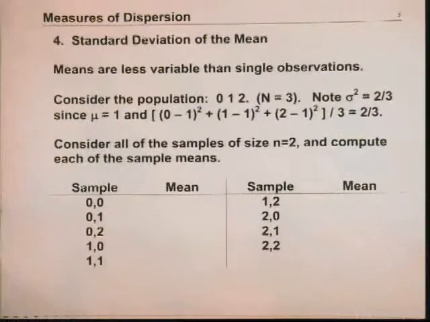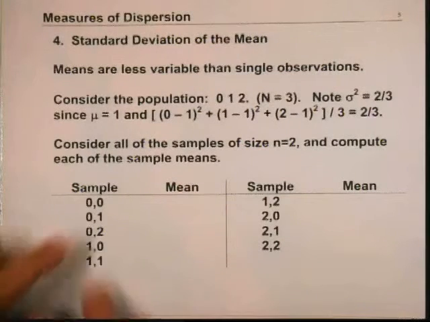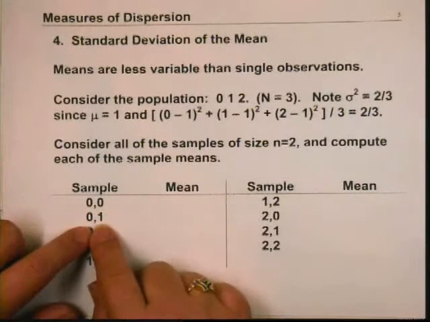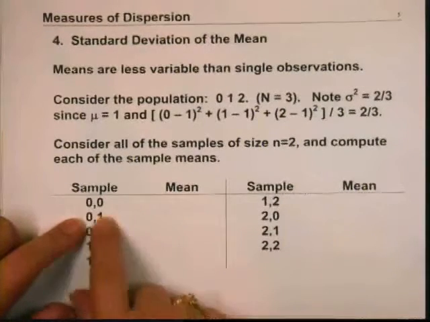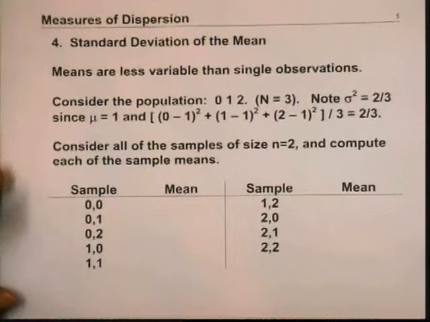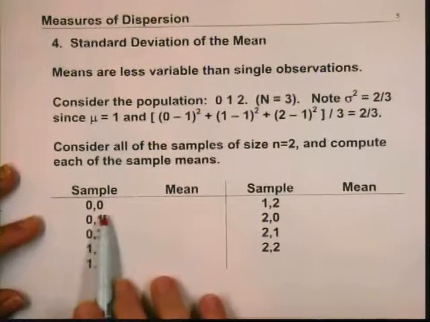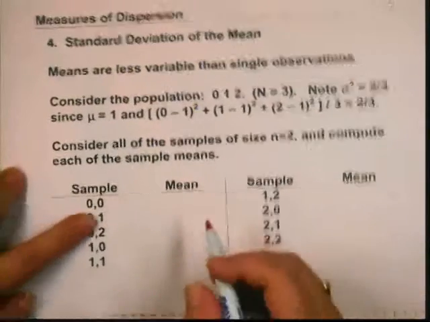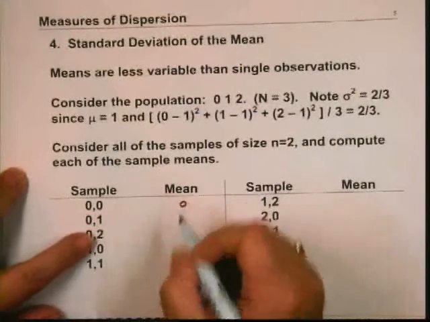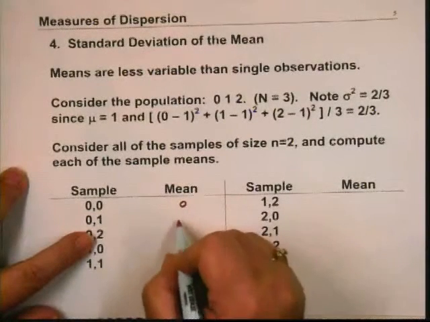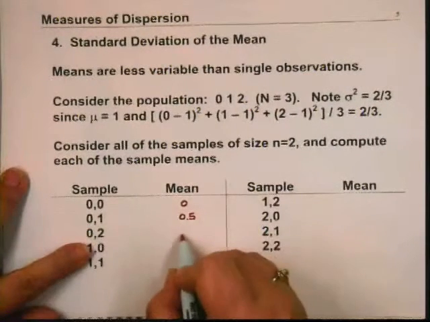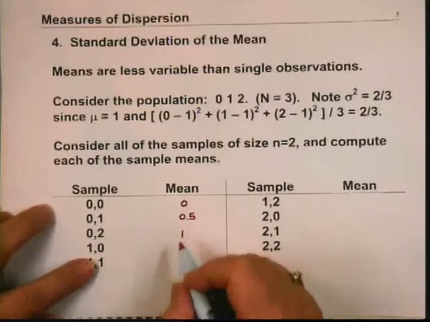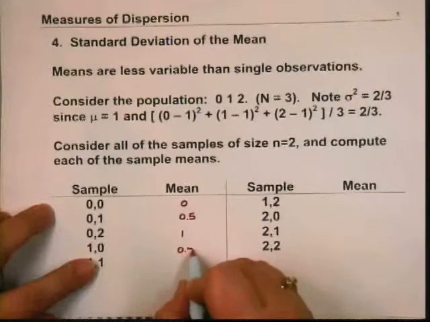Okay, so now if we just consider all the samples of size 2 that we could take: 0, 0, 0, 1, and then I have a 1, 0 down here, so however they occur in order. What's the mean of each sample? Well, 0 and 0 has a mean of 0. This sample has a mean of 0.5. This sample, 0 and 2, has a mean of 1. 1 and 0, again, a mean of 0.5.